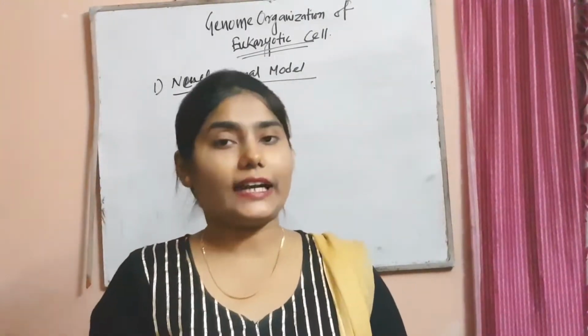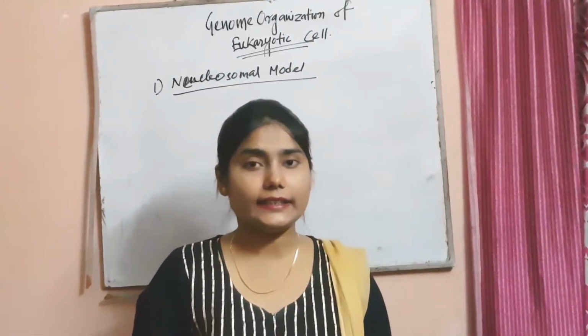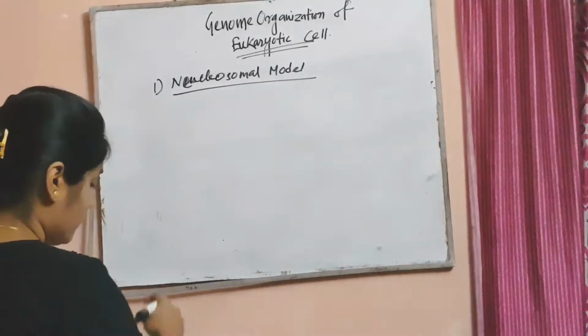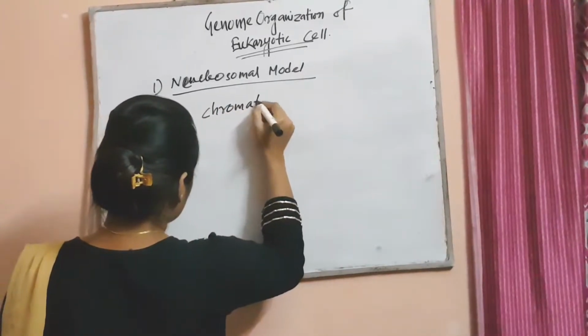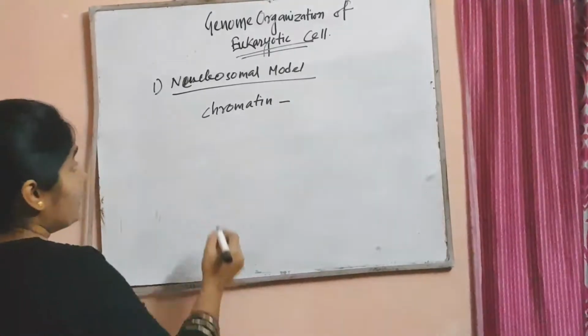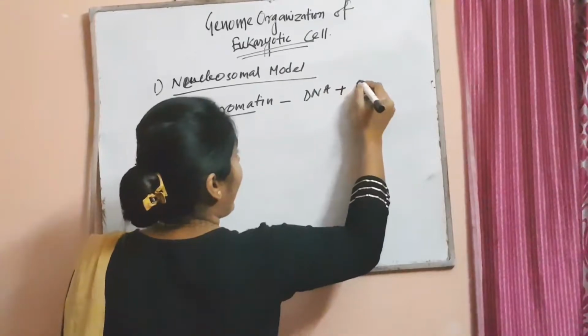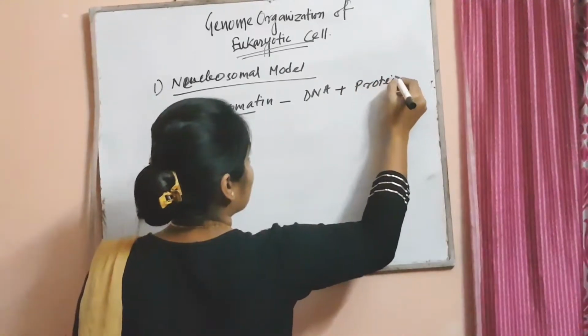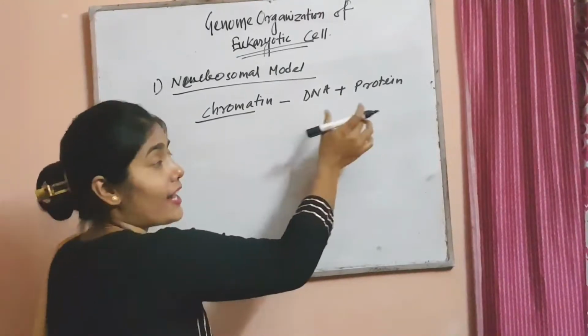If we want to study the nucleosomal model, then first we have to know what is chromatin. The chromatin is the interaction between DNA and protein. Chromatin means the interaction between DNA and protein.